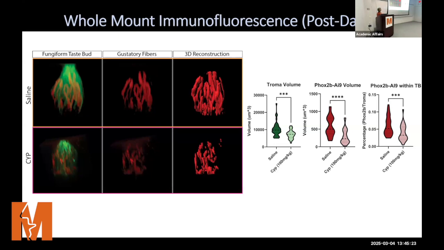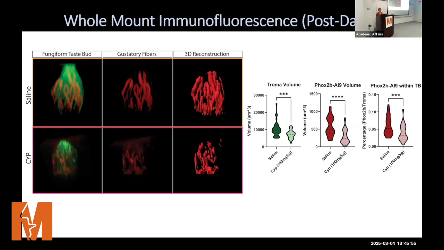We started by doing a whole mount immunofluorescence study and looking at these fibers. And we saw that with FOXG-B-E19 lines, after chemotherapy, I think it was a 100 mg per kg dose after 3 or 4 days, I can't remember, I'm sorry, there was a significant reduction in the volume of gustatory fiber innervation within the bud.